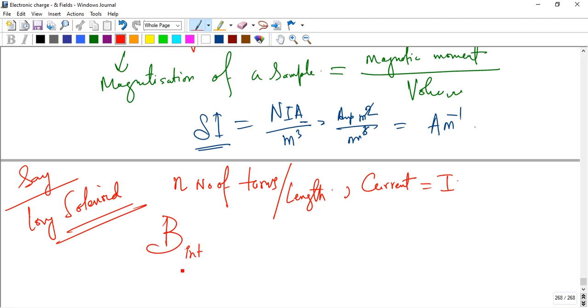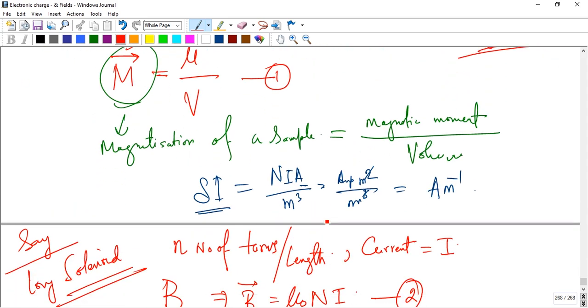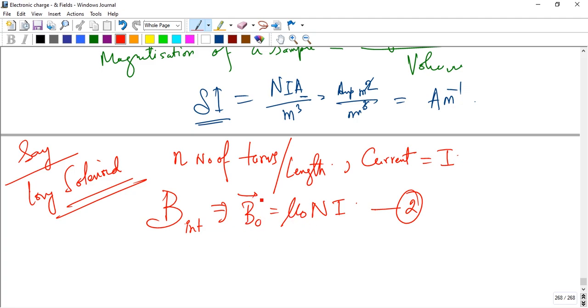It is represented by B naught, and from Ampere's law it is equal to mu naught n I. That is equation number 2. Equation 1 gives the magnetization, and equation 2 represents B naught, the magnetic field inside a solenoid.